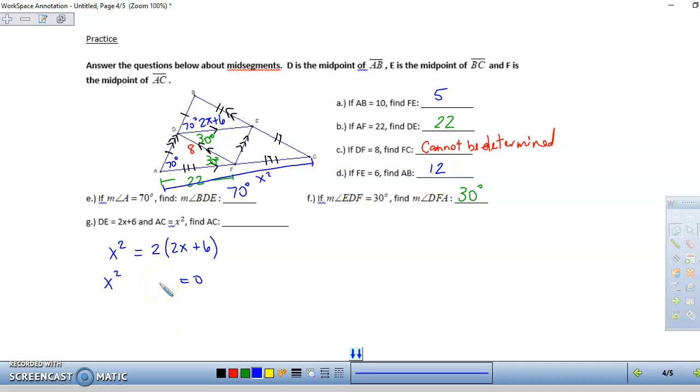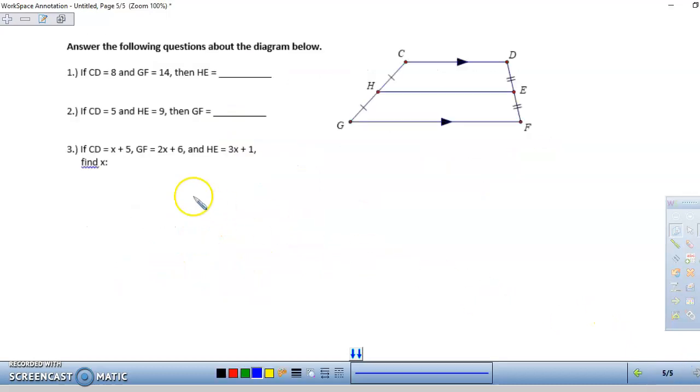Okay, welcome back. So you should get AC is equal to 36 or 4. If you did not get that, we can go over it in class. Okay, lastly, so here, notice we have a trapezoid. Those parallel sides indicate the trapezoid, and we have midpoints here and here. That means this has to be parallel and the average of the lengths of the bases.